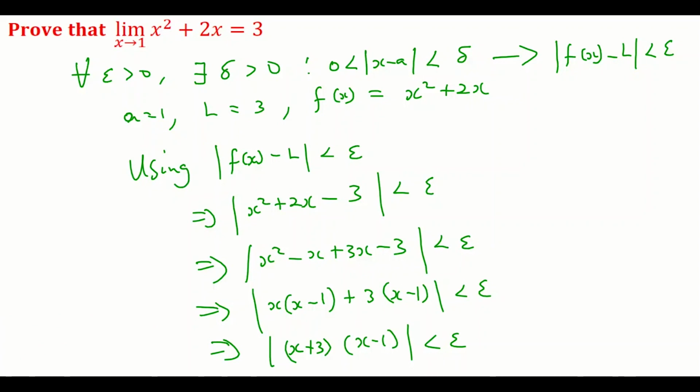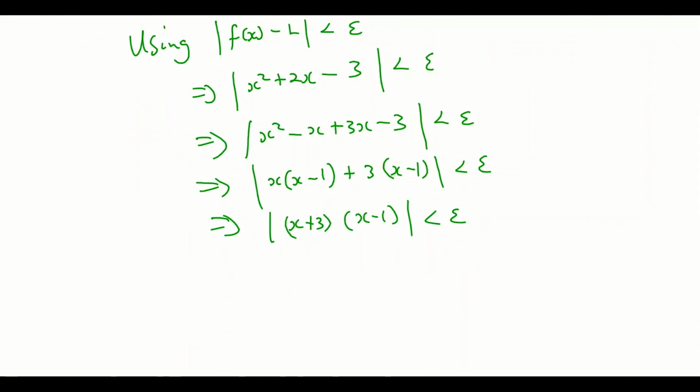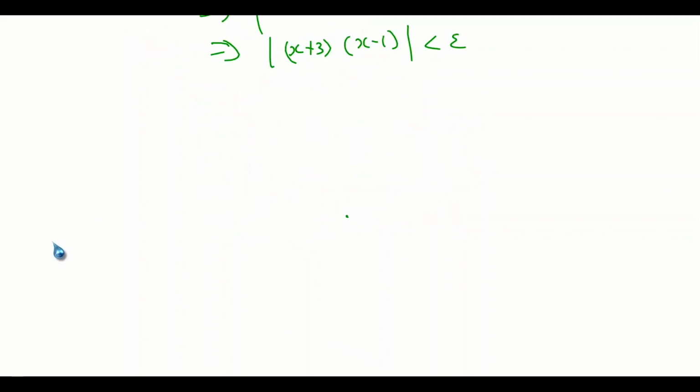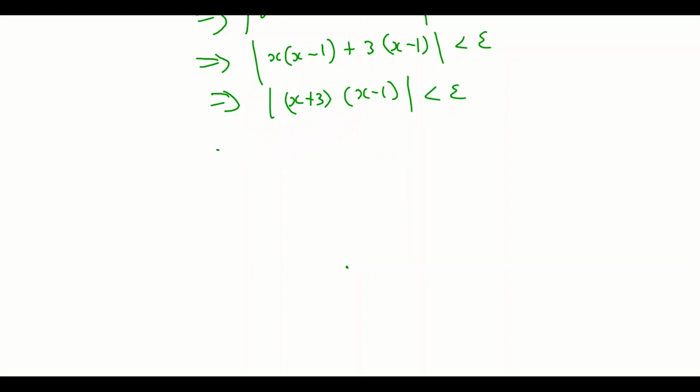So let's go down a little bit. Like this. Don't forget that we can write this as the absolute value of x plus 3 times the absolute value of x minus 1 is less than epsilon.